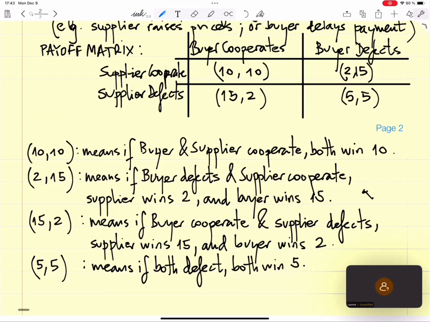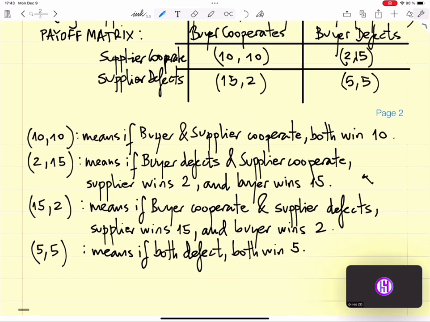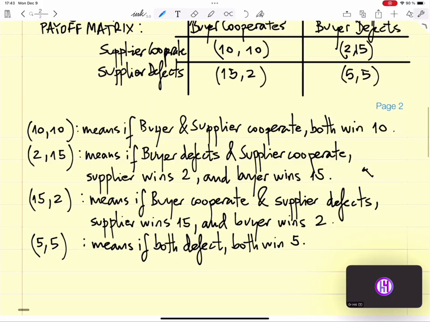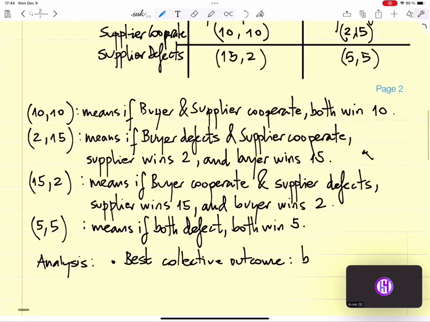No. So this is called the prisoner's dilemma. There are many interpretations of this, but this is the interpretation for the supplier and buyer relationship. The analysis is like this: the best collective outcome is both cooperate, so 10-10.